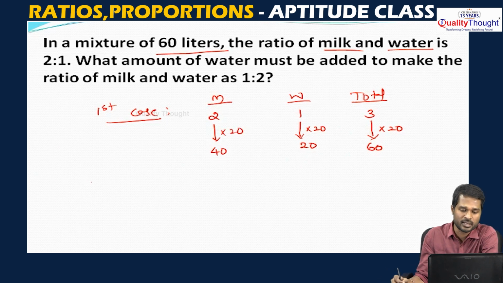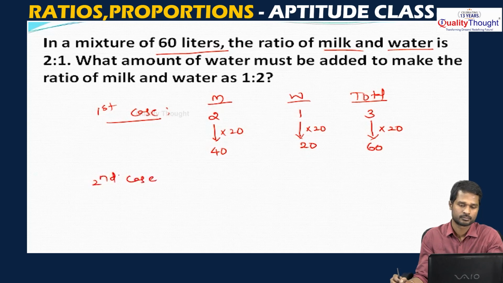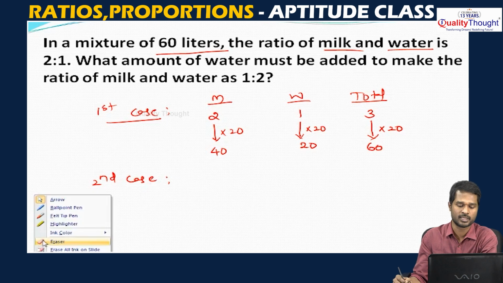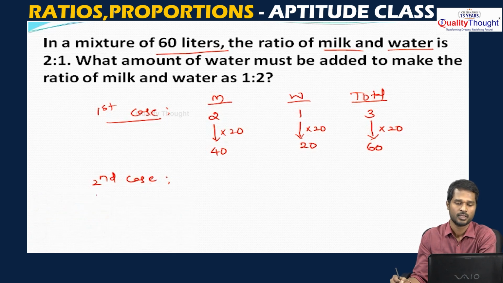Now what happens in the second case? Let's see that. See, what amount of water must be added to make the ratio of the milk and water 1:2.